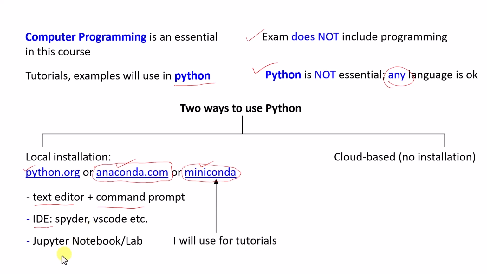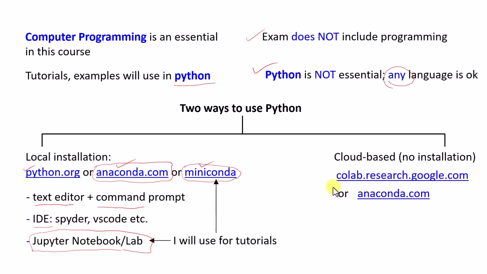Third, we can use an interactive Python or IPython cell in Jupyter Notebook or in Jupyter Lab. This is the option I will use. The advantage of Jupyter Lab is that you keep your code, result, and text together, making it easier for us to learn. I'll give you an example shortly.